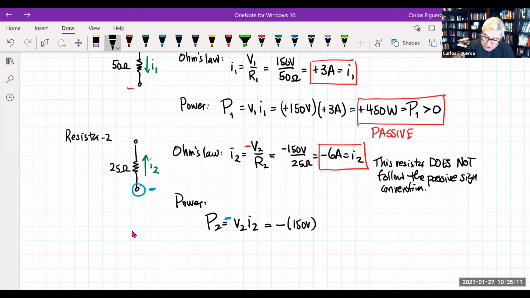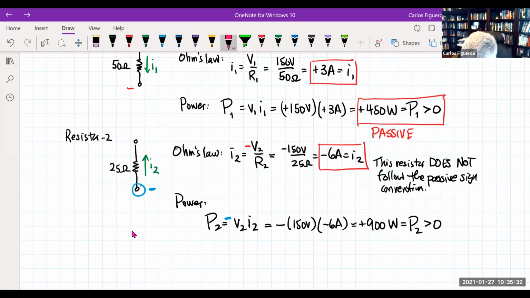But wait a minute, the current that we calculated was what? Minus 6 amps. So when I look at this, I get positive times positive, which gives me positive 900 watts. But when I look at this power, that power is what? Positive.